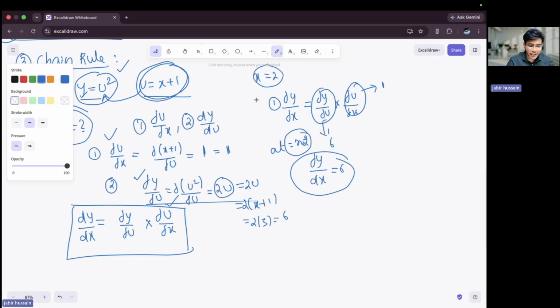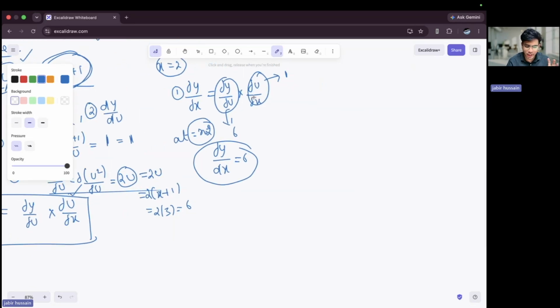Now, instead of substituting or following the chain rule, if I apply it directly, let's check the answer. Here y is equal to u square, so it will be x plus 1 whole square. It is x square plus 1 square plus 2ab, 2x into 1. So y would be x square plus 2x plus 1.